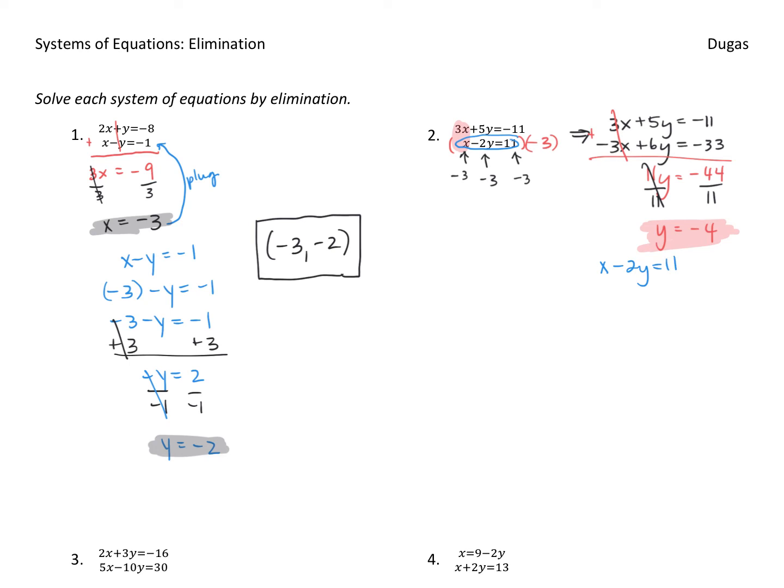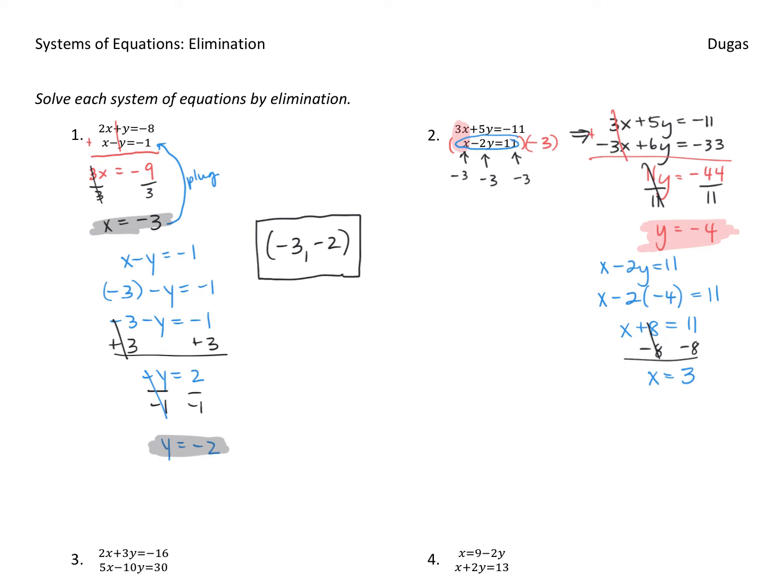Plug in -4 for the y. So x minus 2 times -4 is equal to 11. So it's -2 times -4, that'll be positive 8. So x plus 8 equals 11. Now I need to subtract 8. So I get x equals 11 minus 8 is 3.